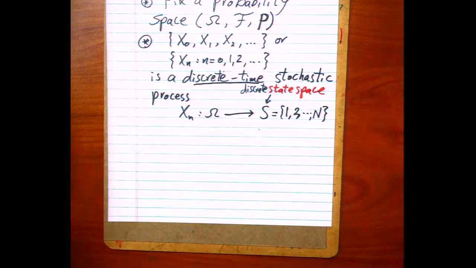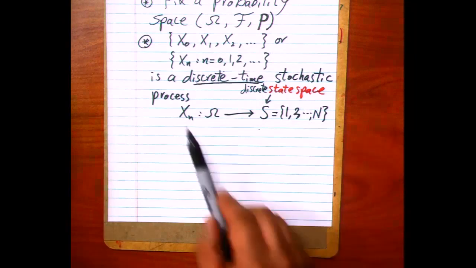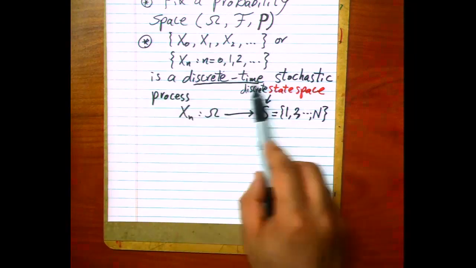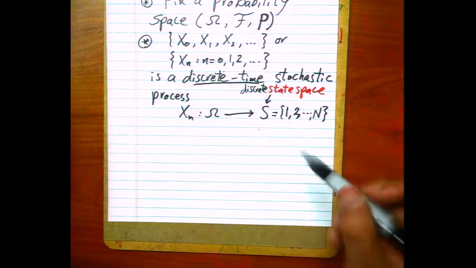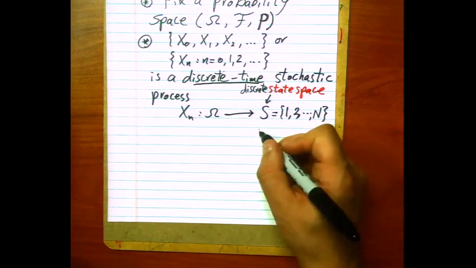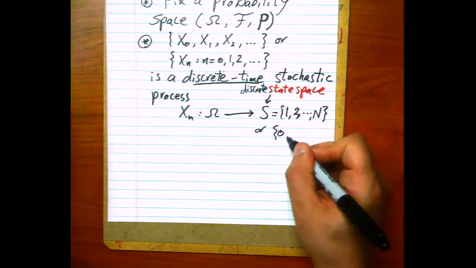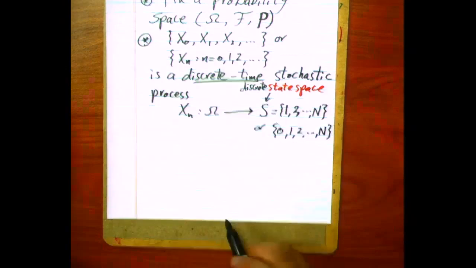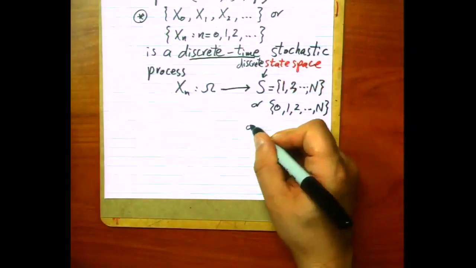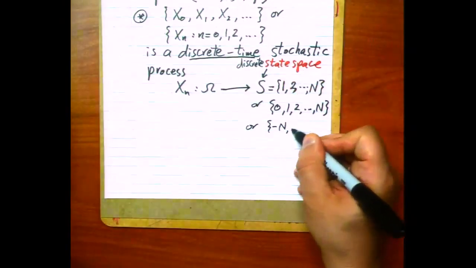But the right way to define it is a discrete time stochastic process with discrete state space. Of course, this is somehow restricted. It could be 0, 1, 2, all the way up to n. That's another example. In other examples, it could be negative n all the way up to n.